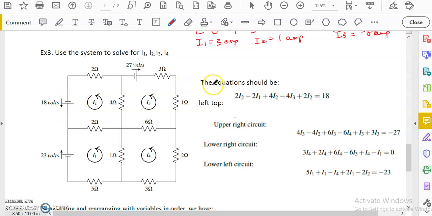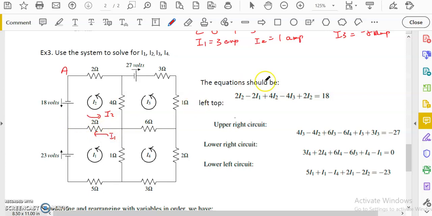The equation for the top left, so this one, A. We look at I2 from here. I2 goes this direction, but I1 is going that direction, right?